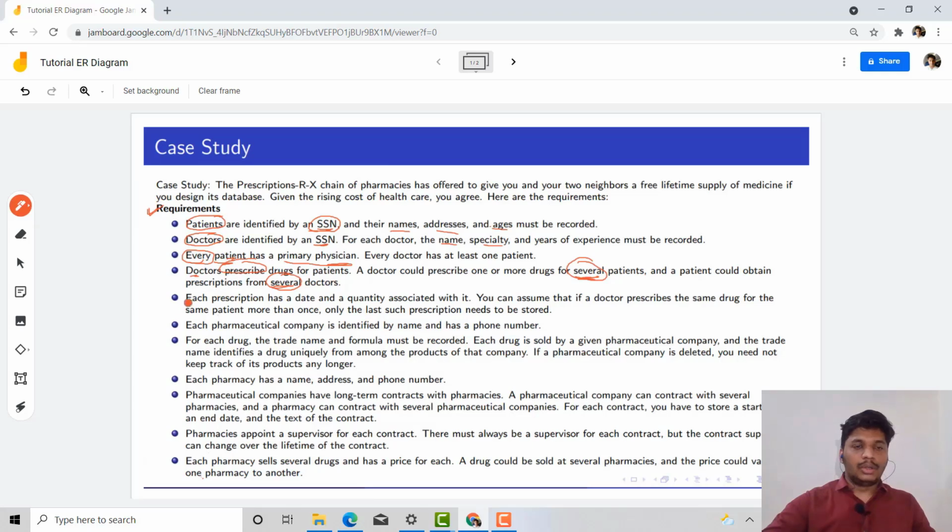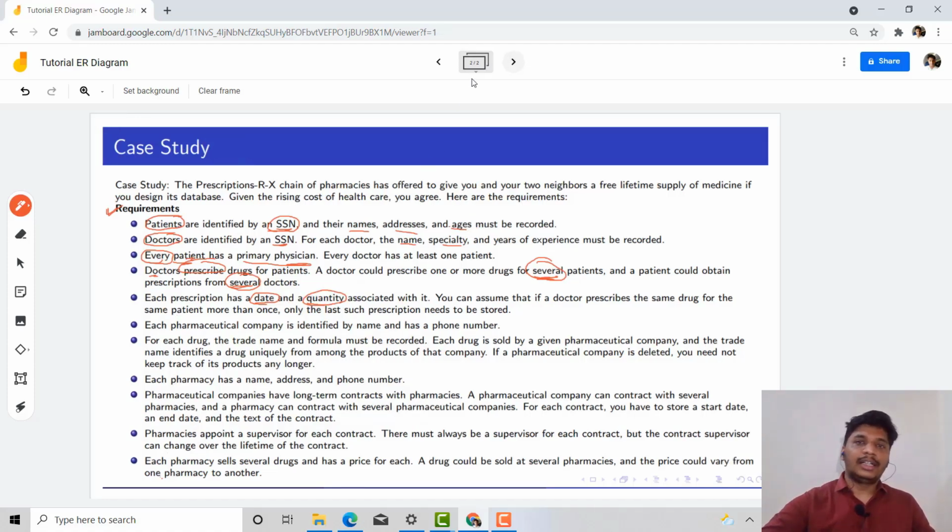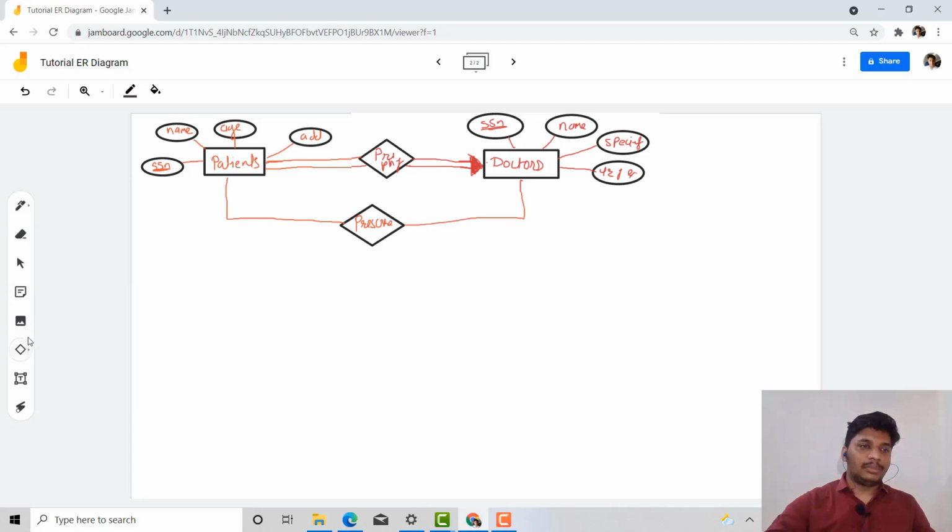Now, each prescription has a date and a quantity associated with it. So date and quantity are the attributes of the relationship prescribe. So we need to draw two ellipses here. So the attributes are date and quantity, right?